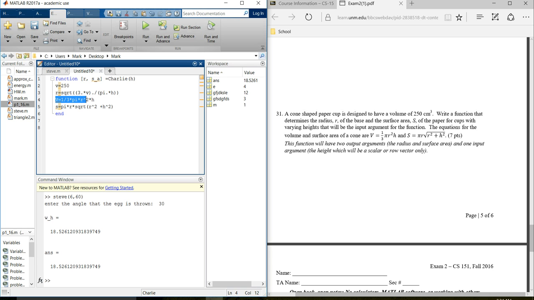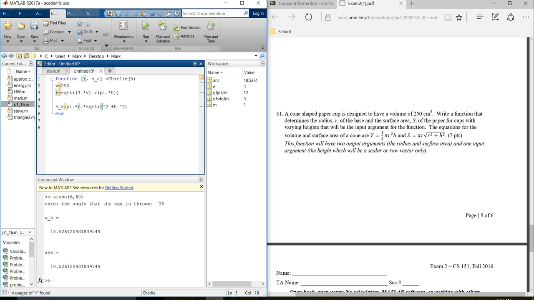And that was this equation that we used. And so now we have to solve for the surface area, and we don't have to solve for the surface area. We have r, we have h, pi. We're good to go. But we do have to make sure that we can do scalar multiplication and division.